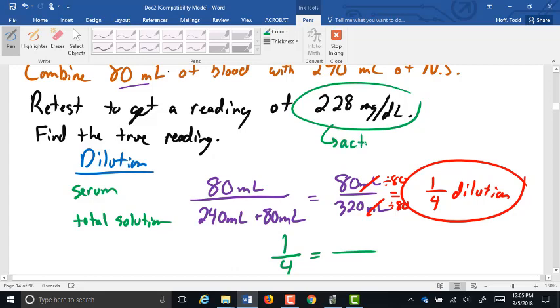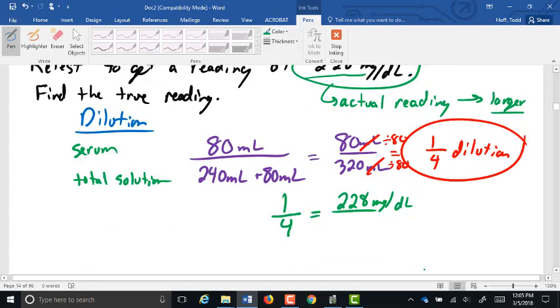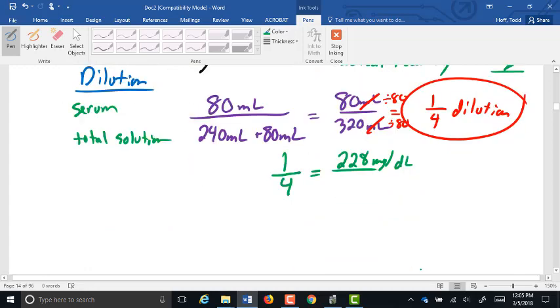The actual reading should be larger than that because we diluted it, so we're going to make the reading smaller as we dilute it with water. So that means the 228 is smaller than the actual reading. So that 228 goes with the 1 in our proportion here. So 1 over 4 is equivalent to 228 milligrams per deciliter over our actual reading.